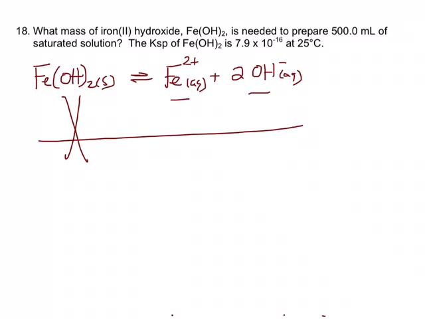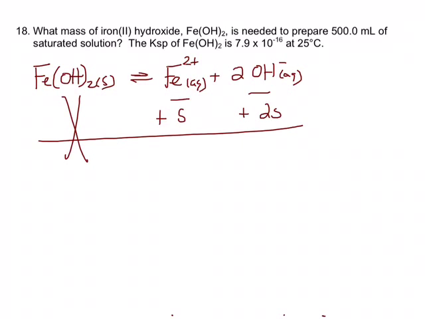Now the iron, as the salt dissolves, the iron's concentration and hydroxide will both increase. If this were the equilibrium unit, we would just say increases by X and 2X. But here we're going to use a slightly different symbol. We're going to use the letter S. And the reason I'm using an S is to connect the concentrations of the ions to the solubility of the salt.